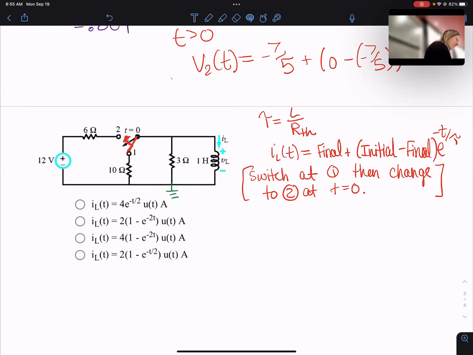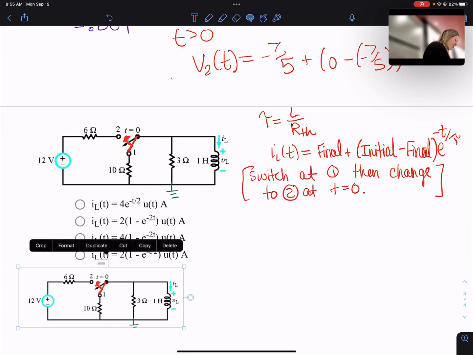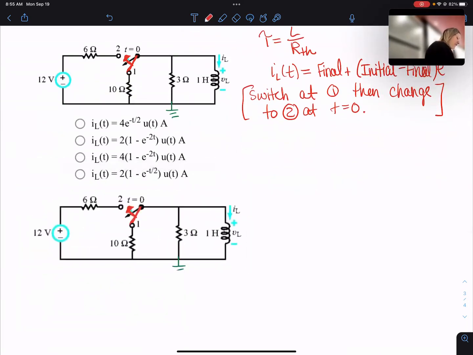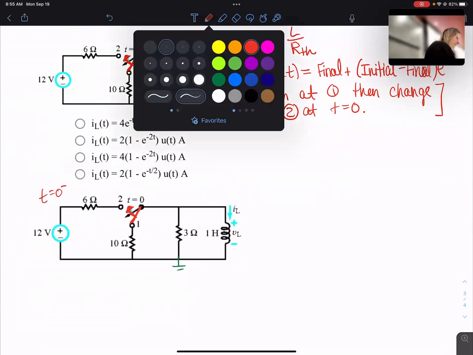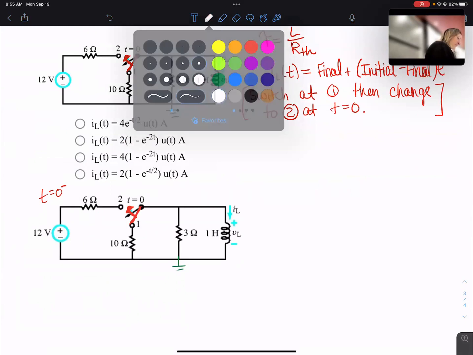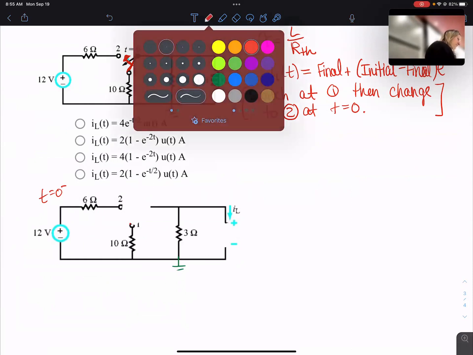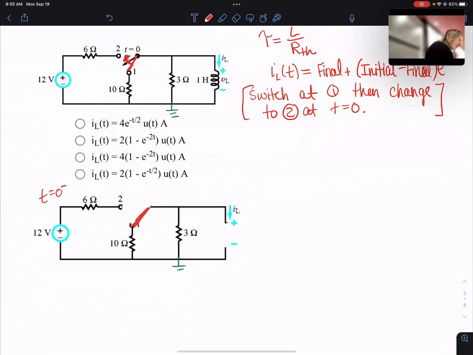Thank you. Okay, so IL of 0 is gonna be 0. So switches here, and this is a wire. And there's no current gonna flow because there's no sources. So IL of 0 minus is gonna be 0.